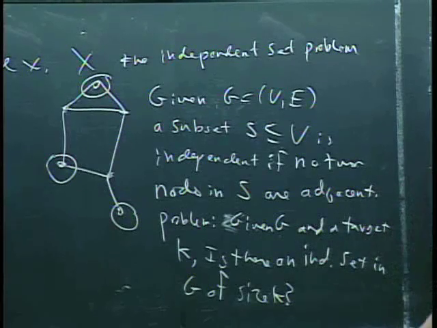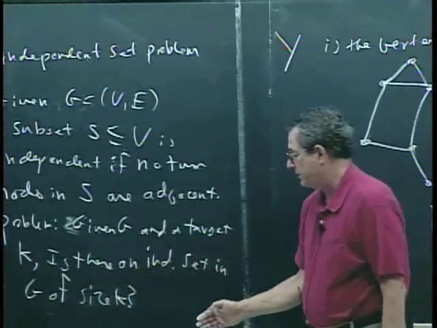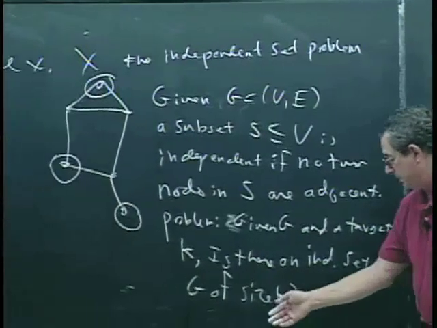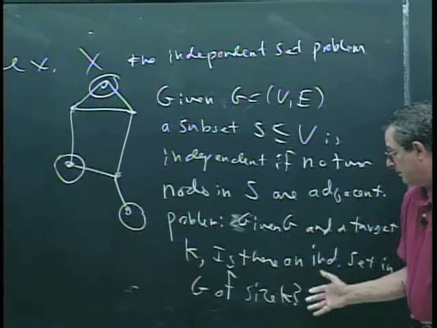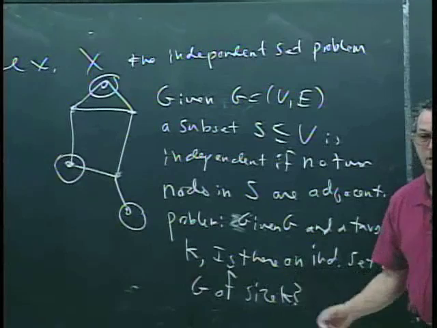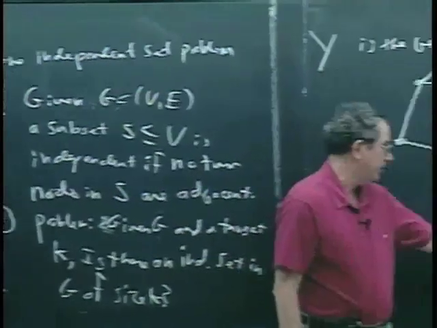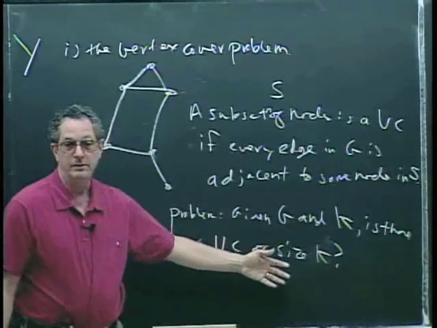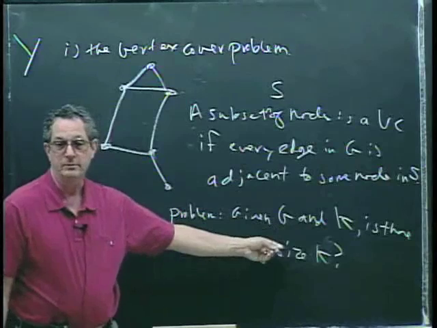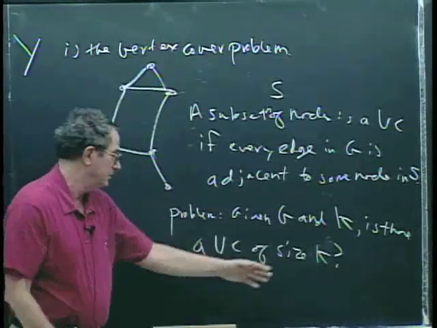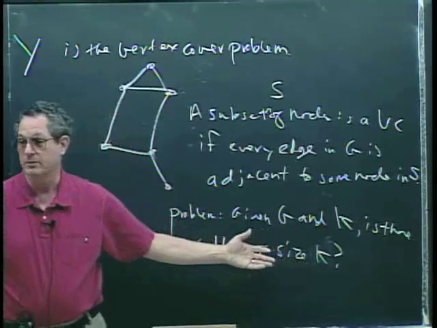But as I was saying earlier, if there's an independent set bigger than K, there's certainly one of size K. And if there's a vertex cover smaller than K, then there's one of size K, as long as K isn't bigger than the total number of nodes in the graph.